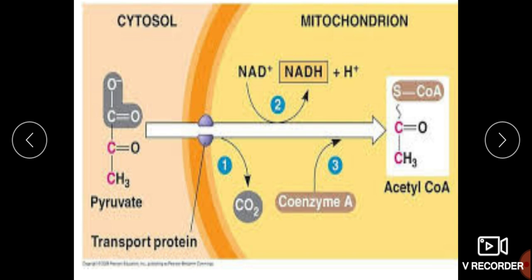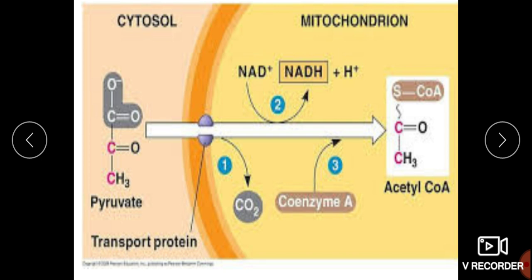The pyruvate molecule gets dehydrogenated and also decarboxylated. Simultaneously, a coenzyme A is added. The enzyme necessary for this overall reaction is the pyruvate dehydrogenase complex. This complex has a number of roles, so it is called a complex.